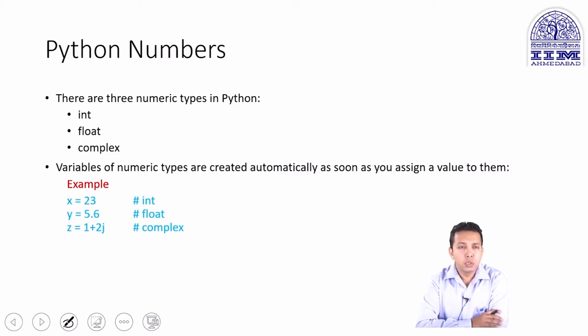When I say y is equal to 5.6, now since it has a fraction value or decimal value, this variable y is of float type. If at all you are working with complex numbers, then you need to use the symbol j. So, if I say z is equal to 1 plus 2j, then 1 is the real part and 2 is the imaginary part, and therefore 1 plus 2j is a complex number.